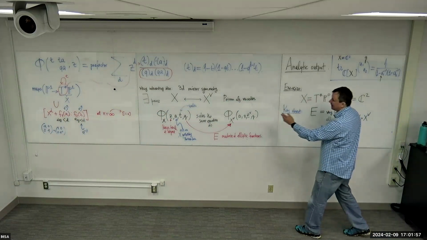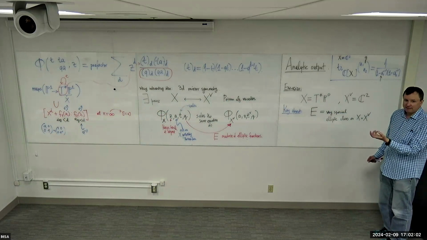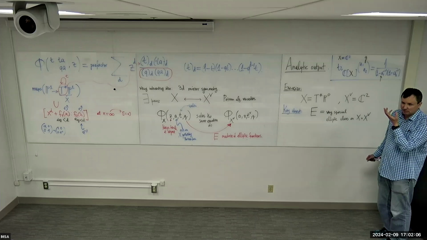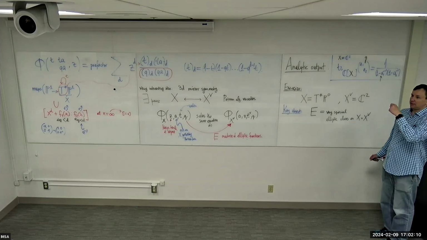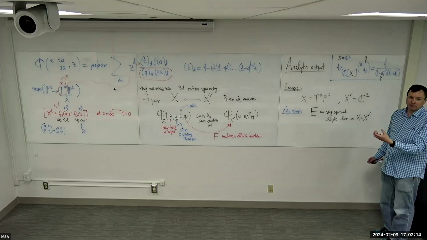But beyond K-theory, there's some geometric object in which elliptic functions of your parameters in the group live.